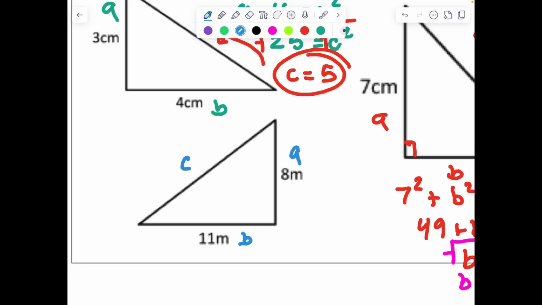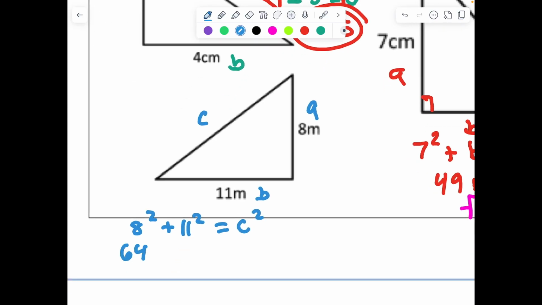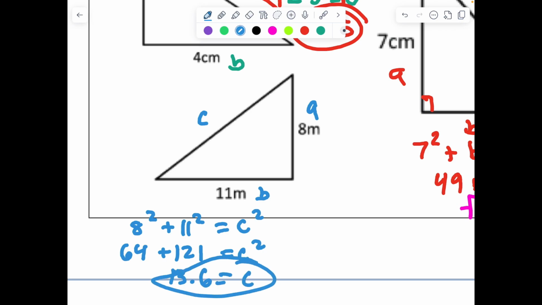Over here we're missing our C, so our equation is going to be 8 squared plus 11 squared equals C squared. 64 plus 121 is C squared. And then the square root of 185 is going to be 13.6.